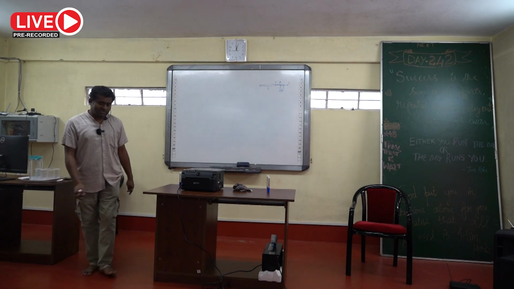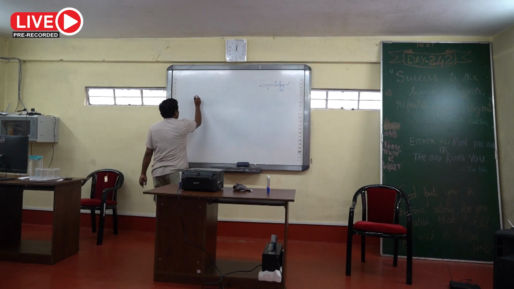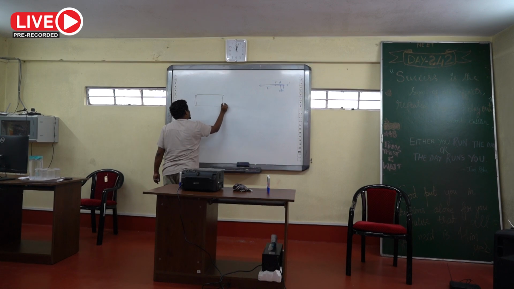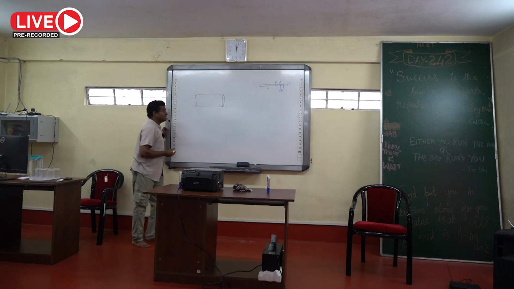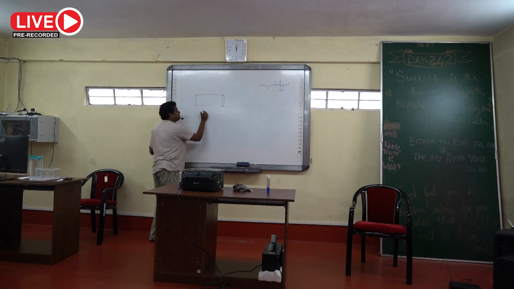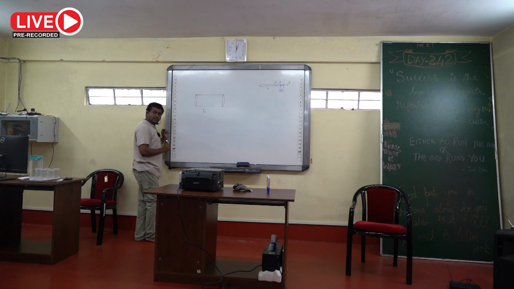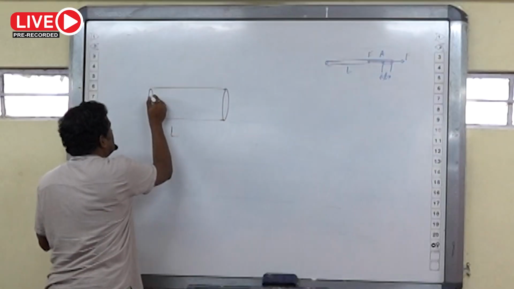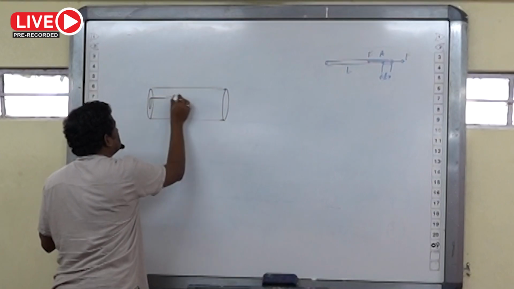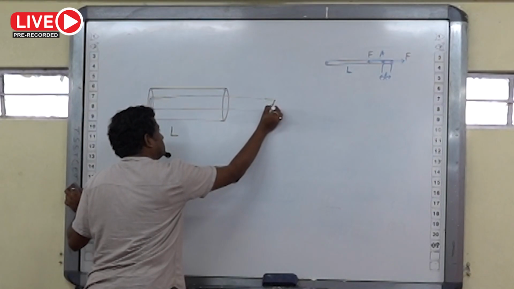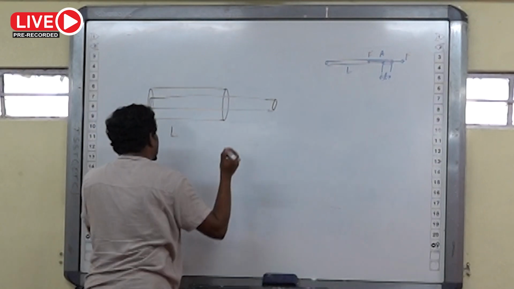But in the actual scenario, this wire is like a cylinder. Its length is suppose defined by L. Then you stretch this one up to this. So what will happen?